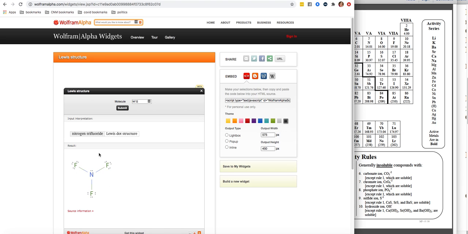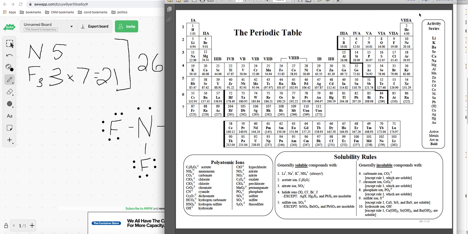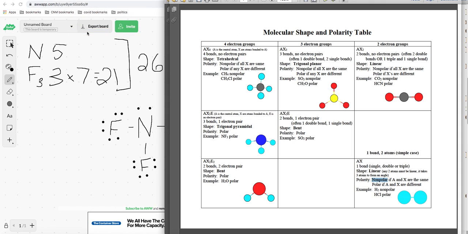But basically this is the same Lewis structure as this one. The important thing being these 2 lone pair of electrons on the central atom, which is the nitrogen. And that's going to be important now when we come over to the shape and polarity table.